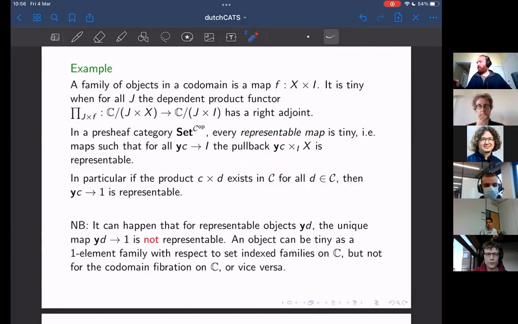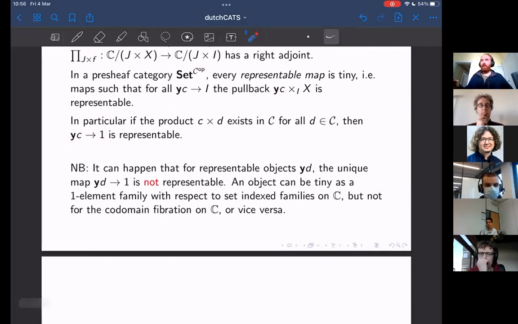As a special case of this, we might have a family of one object, so this is a map into the terminal object. If this is representable, then this is a tiny family of one object, or just a tiny object, if you like. So this recovers the existing definition.